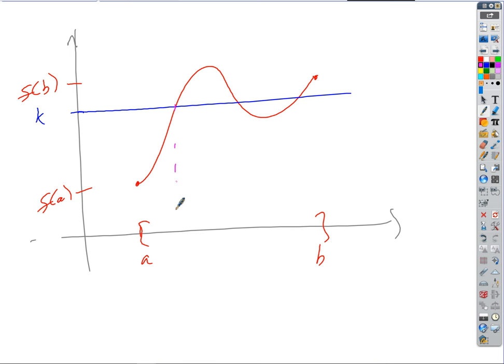At least one value c exists, so we call that c1 in this case. That's c2, and that's c3. There happen to be three of them this time. There's got to always be at least one, right?